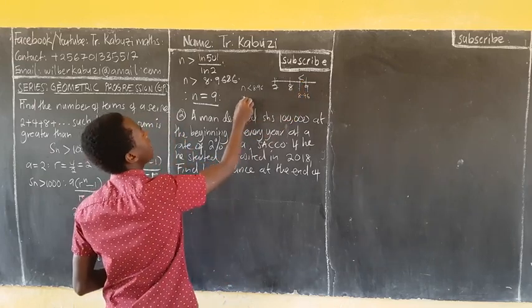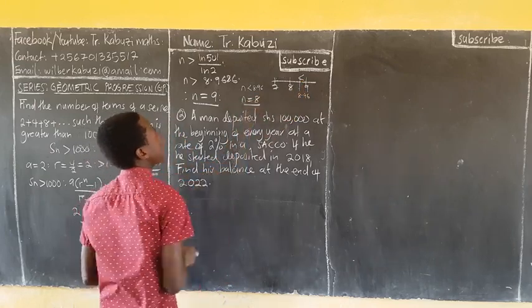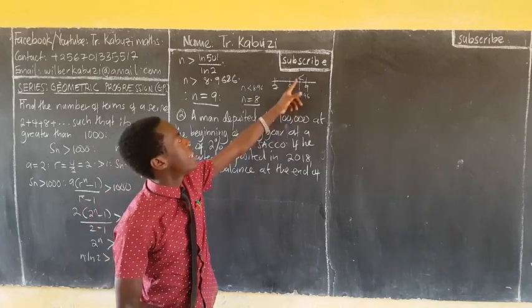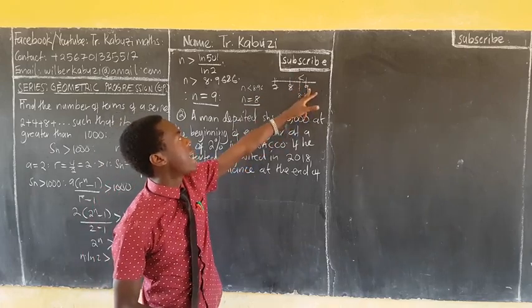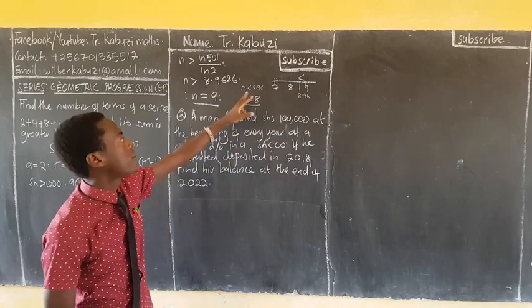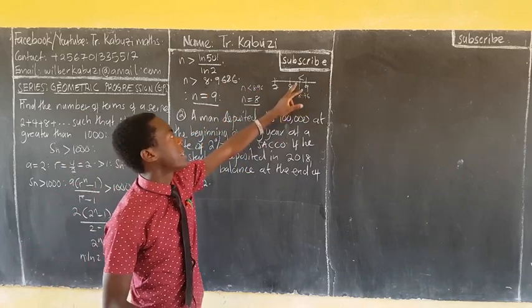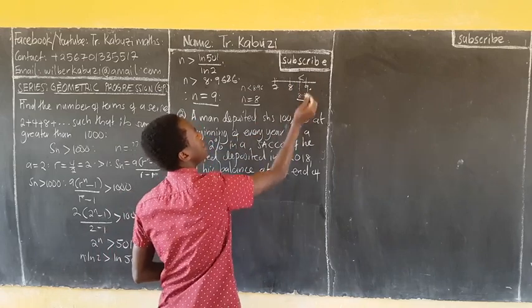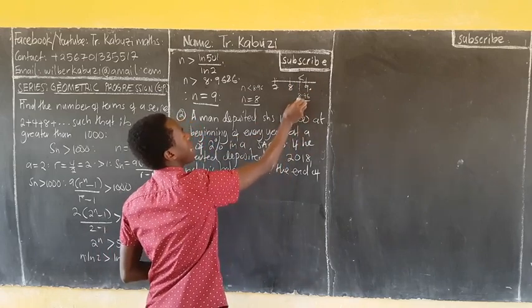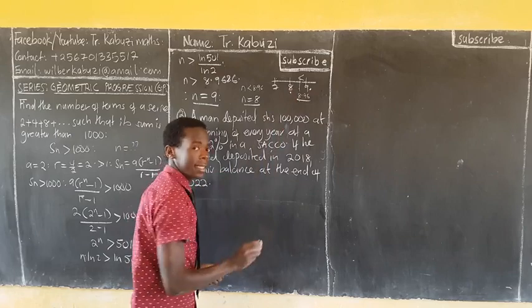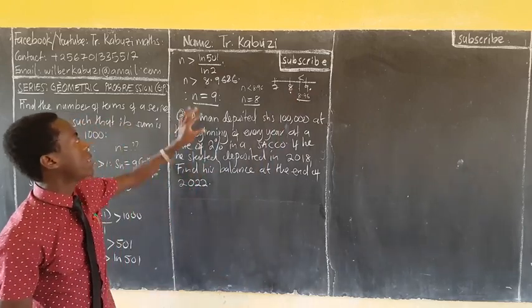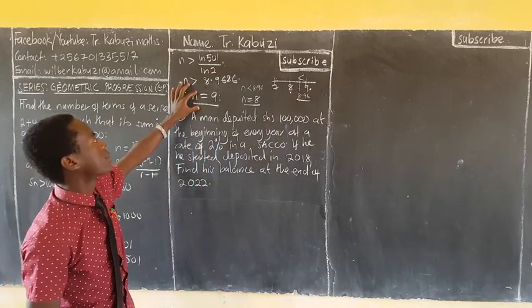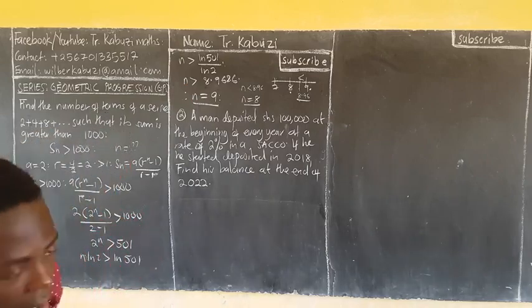So here our n will be 8. But if you want greater, the next integer above this is 9. So that's the difference. If it was less, it would be 8. But because it's greater, this is all they wanted.